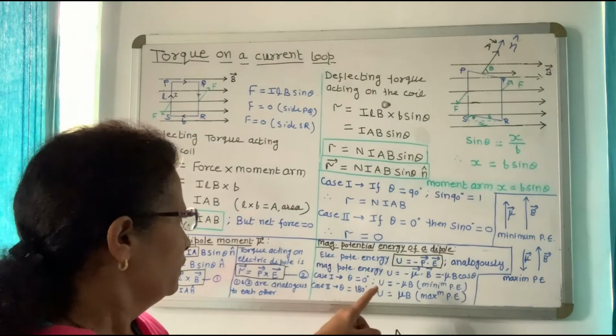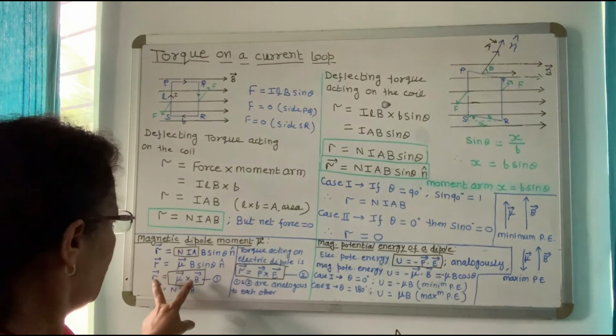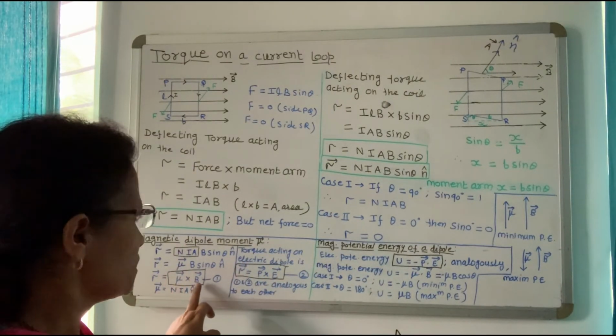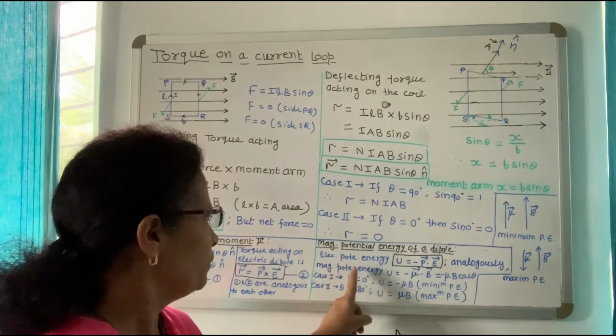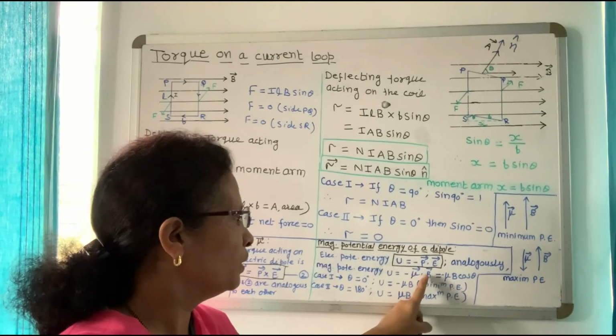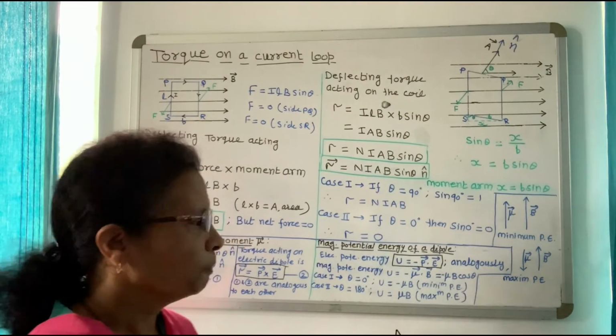Here the torque acting is mu bar cross B bar, and the magnetic potential energy is mu bar dot B bar with a minus sign.